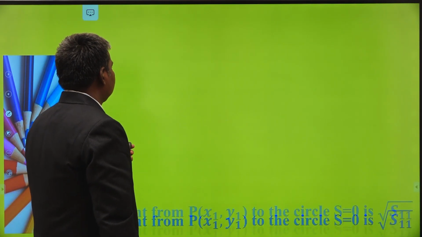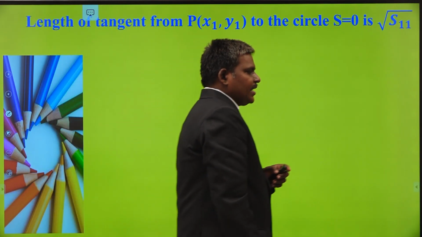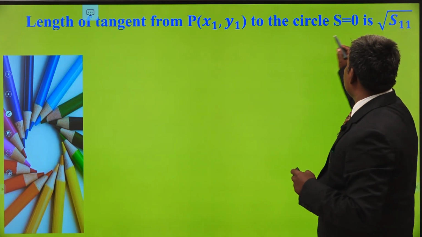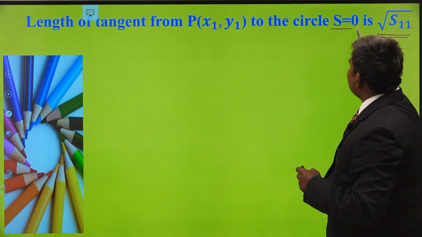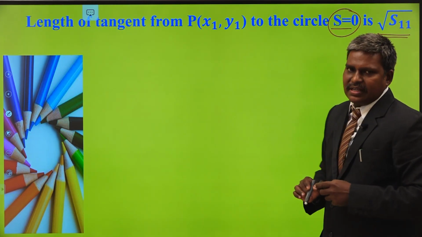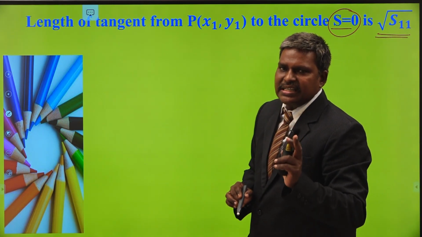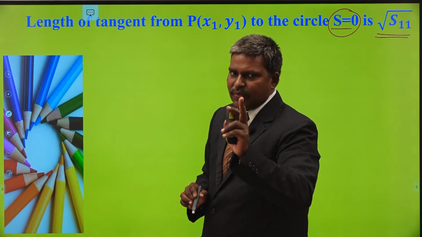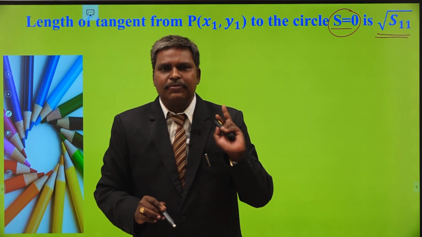Now, see this one. The length of tangent from P(x1, y1) to the circle S = 0 is root S11. S is what? The standard equation of the circle. Dear students, don't forget, if some point is given to you and you have to find the power or length of tangent, your equation must and should be converted into standard form.